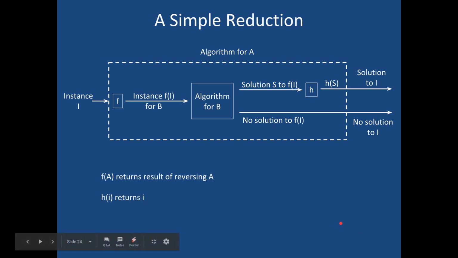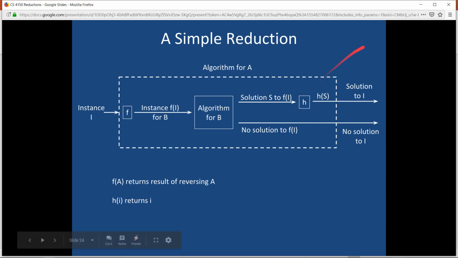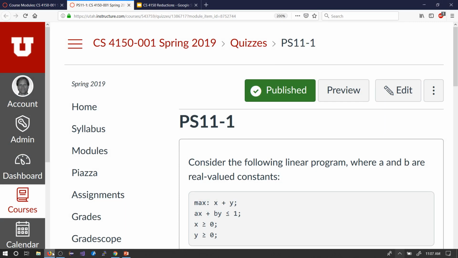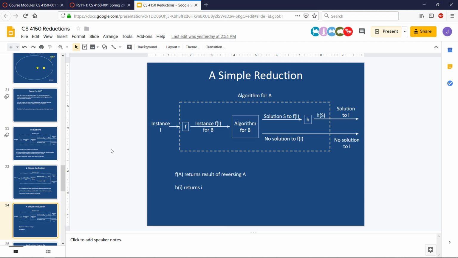You would take whatever array was being sent into your algorithm for A and just flip. I wrote the wrong thing. What should f of A say there? Let's fix it. So I added the slide, but I added it wrong.